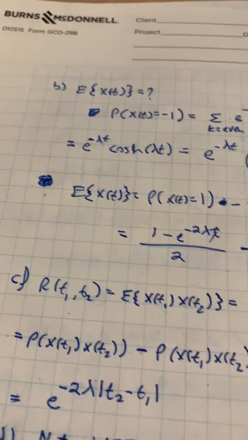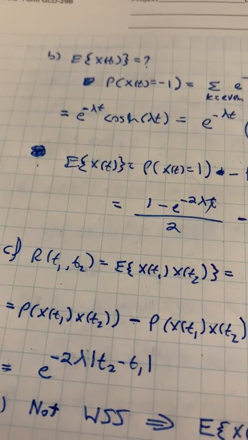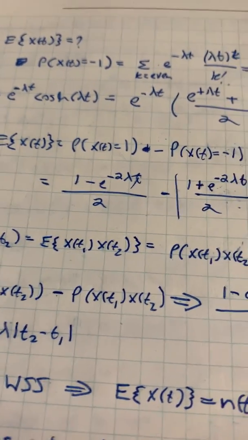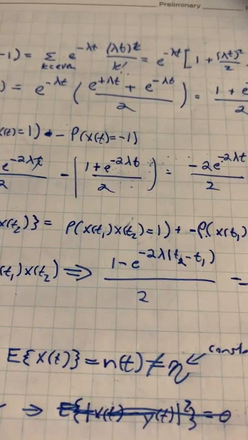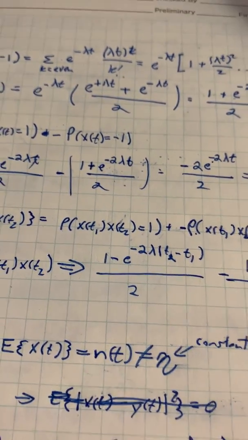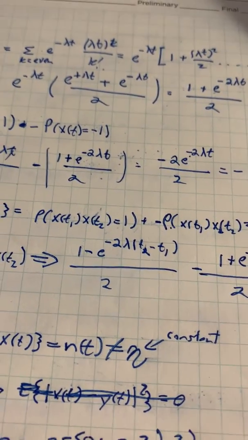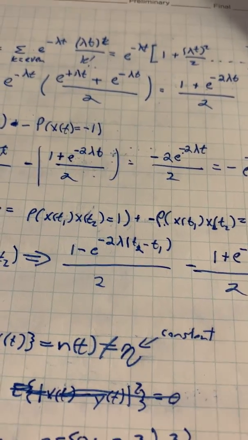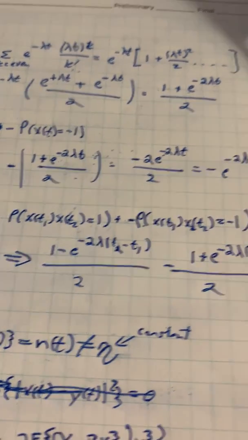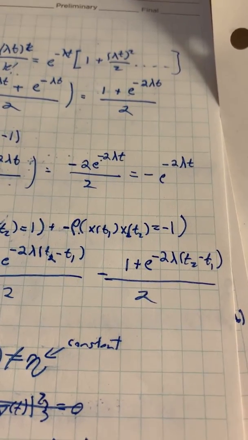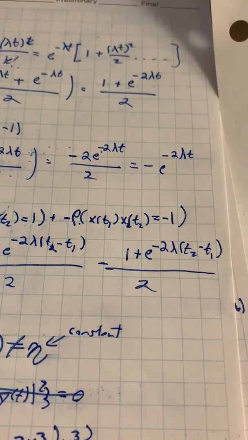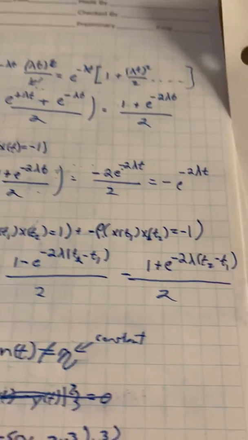For part C, we're looking for the autocorrelation, so it's equivalent to the expected value of x of t1 times x of t2. So that is the probability that x of t1 times x of t2 is equal to 1, which means k is odd, plus the probability that x of t1 times x of t2 is equal to -1, which means k is even, and it's plus the negative.